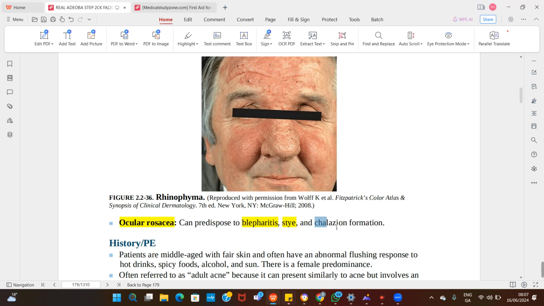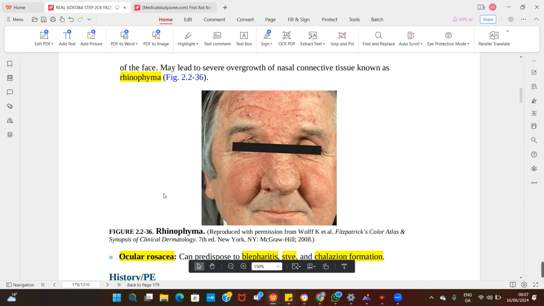And swelling. And of course, chalazion. Chalazion is just like the milder form of stye. There's occlusion of the meibomian gland, but there's no bacterial infection there. So it's just like the eye swelling, and it has minimal pain. So sometimes they can tell us they have lid margin telangiectasia. They have conjunctival redness. Once you are seeing all those things with the facial flushing, think about ocular rosacea.